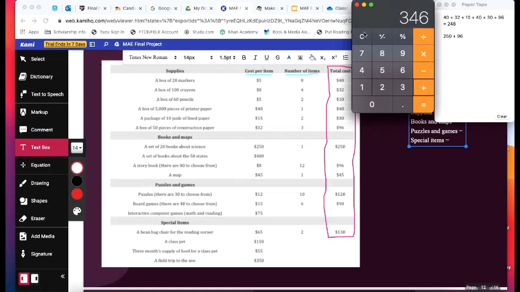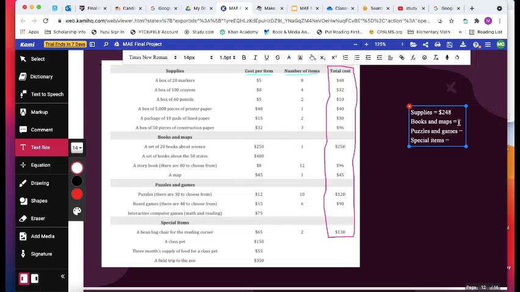And we have $45 because we got a big map for our classroom. And that equals $391. So we know that for books and maps, we used $391.